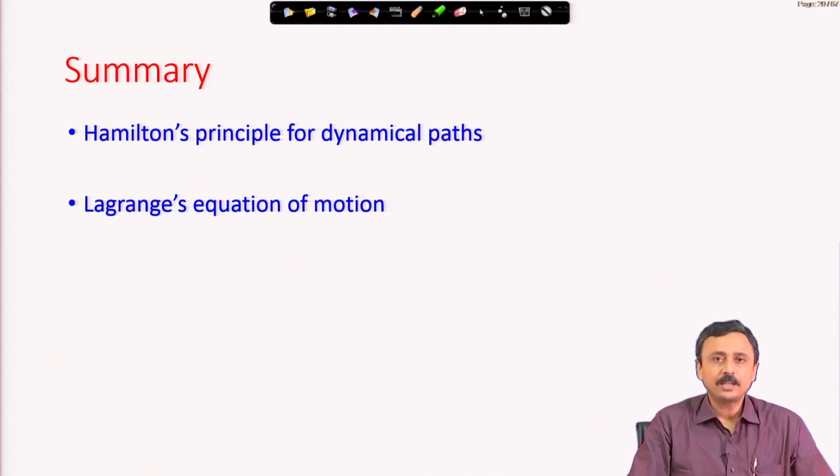You have to first identify the generalized coordinate or coordinates, write down the form of Lagrange's equation of motion for individual coordinate, and then express the Lagrangian, which is the kinetic energy of the system minus potential energy of the system, in terms of the generalized coordinates and their rates, and then calculate the various terms of the Lagrange's equation of motion, and finally derive the equation of motion. So, with that I will close this lecture.